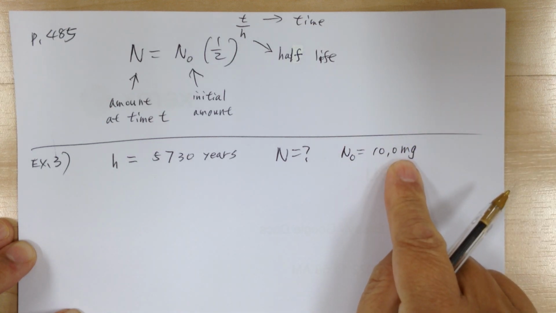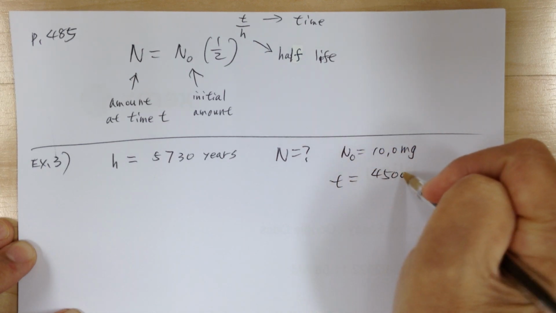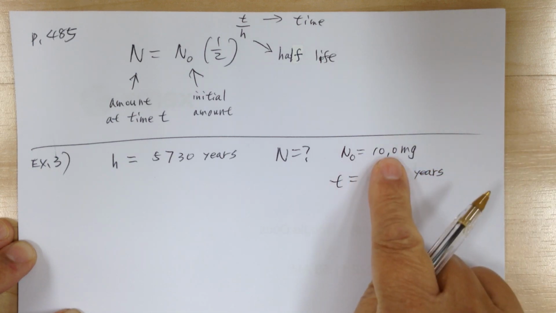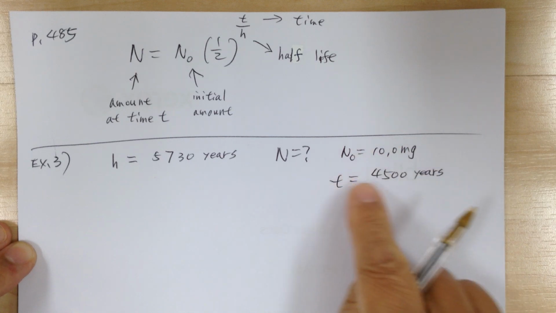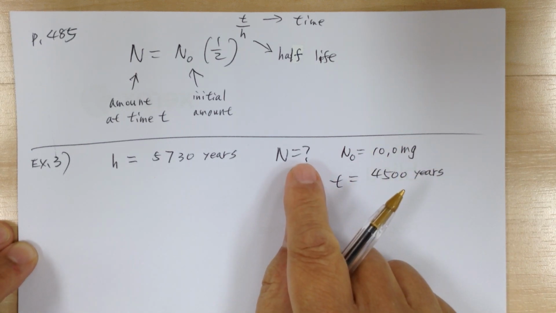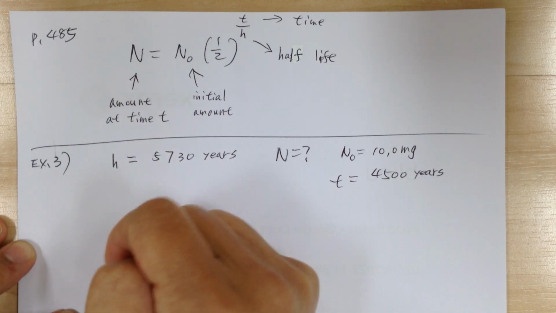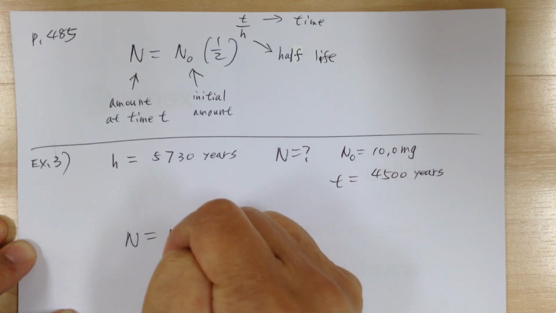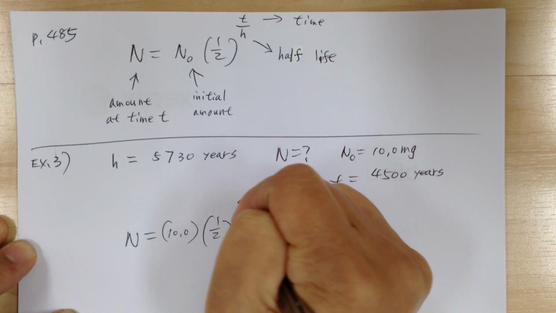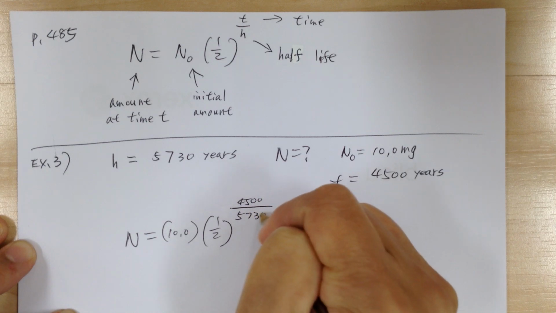And then t equals 4,500 years. So you start with 10 milligrams, and after 4,500 years, how much of that sample will be left? The half-life is this. So you can get your formula: n equals n0, which is 10.0, times 1/2 to the t, which is 4,500, over the half-life, 5,730.